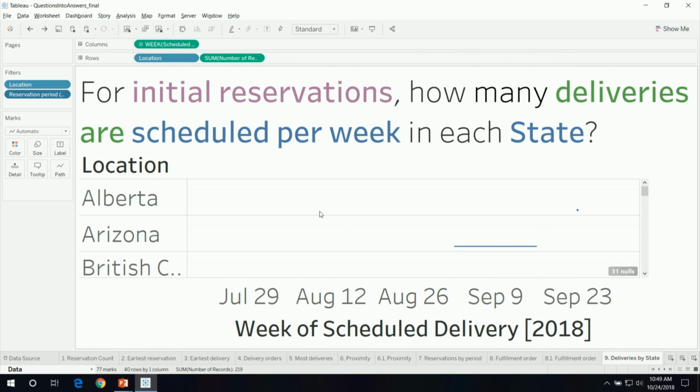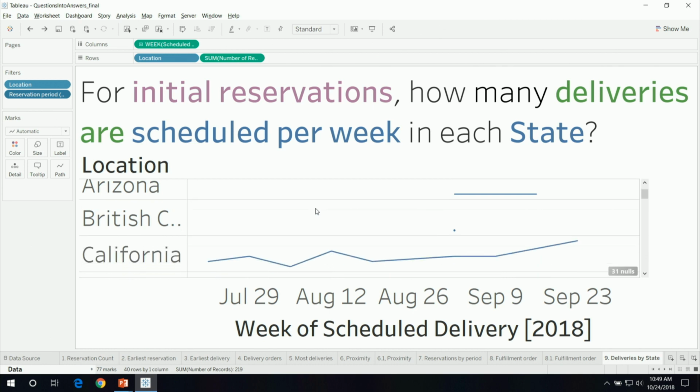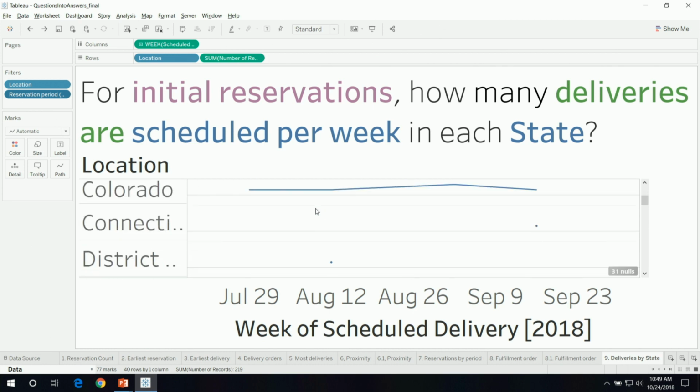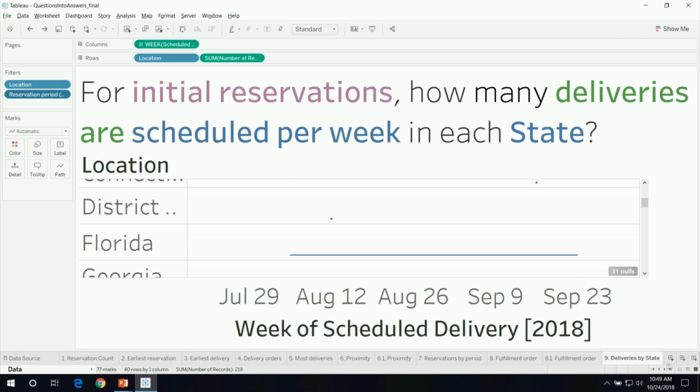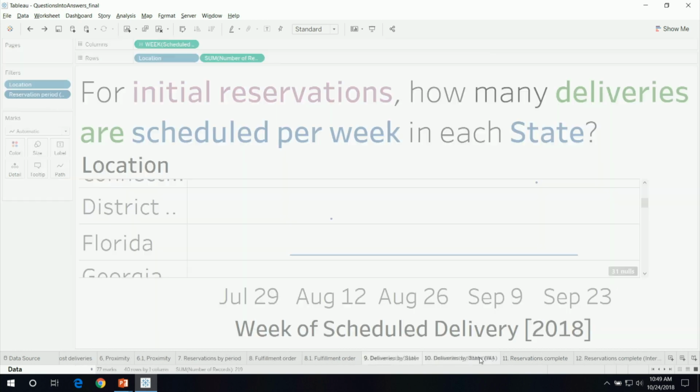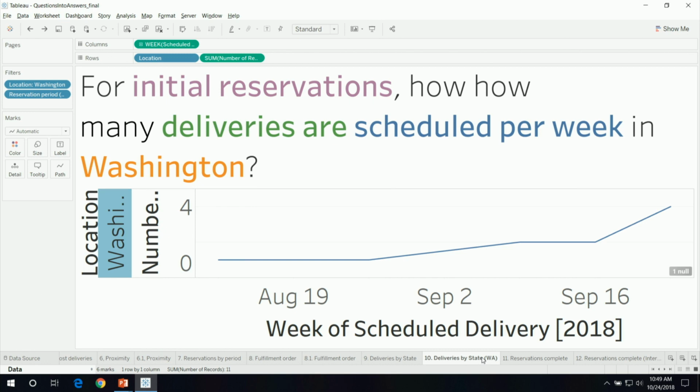Now, the reality here is it's very hard to see anything. So I'm going to further restrict this to deliveries in Washington.